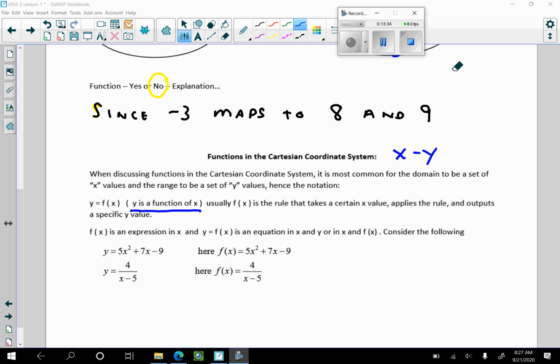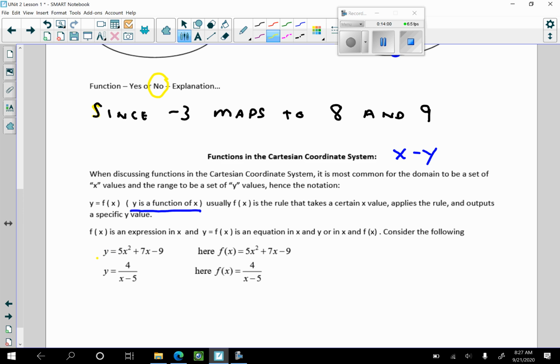Usually f of x is a rule that takes a certain x value, applies the rule, and outputs a specific y value. F of x is an expression in x. Y is equal to f of x is an equation in x and y, or in x and f of x. Consider the following right here. Usually you have y is equal to 5x squared plus 7x minus 9.